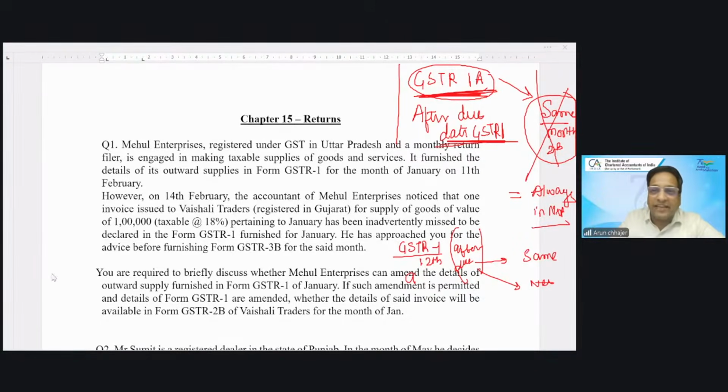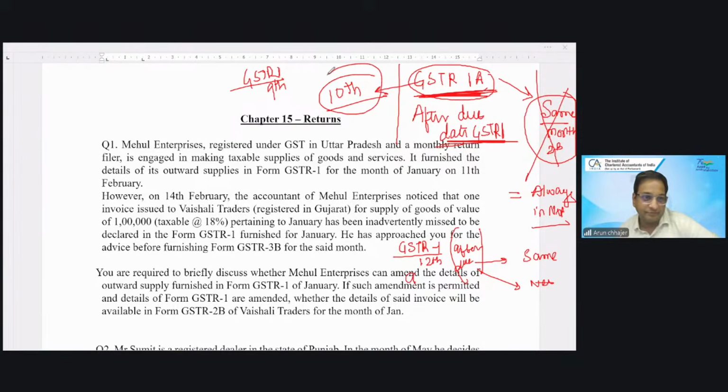Is it possible to file the GSTR 1A on 10th? Suppose my GSTR 1 is filed on 9th. Can I file the GSTR 1A on 10th? No way. Reason, the due date is 11.